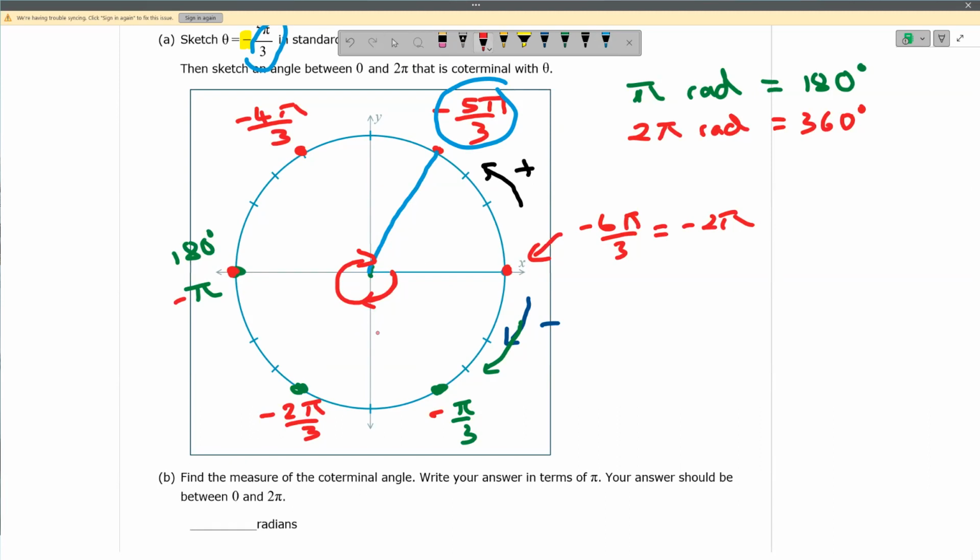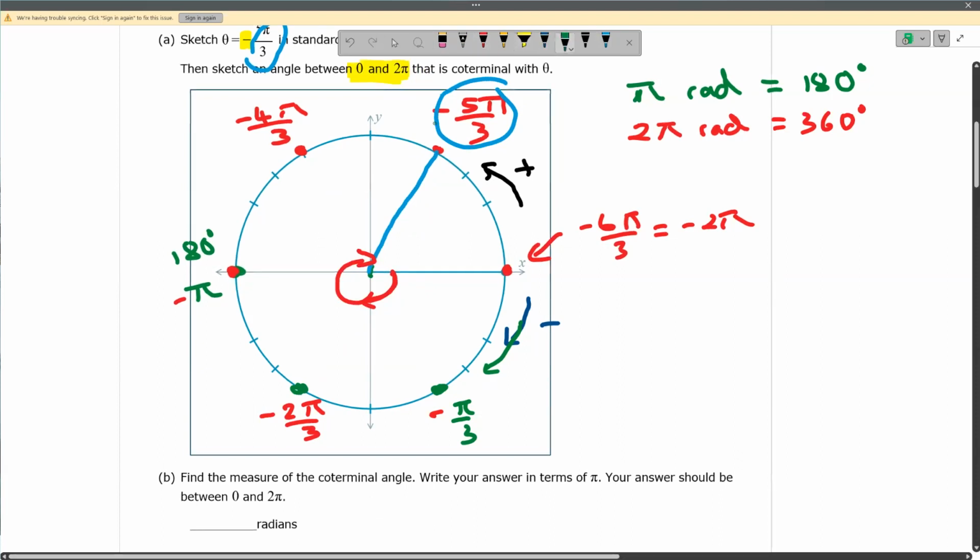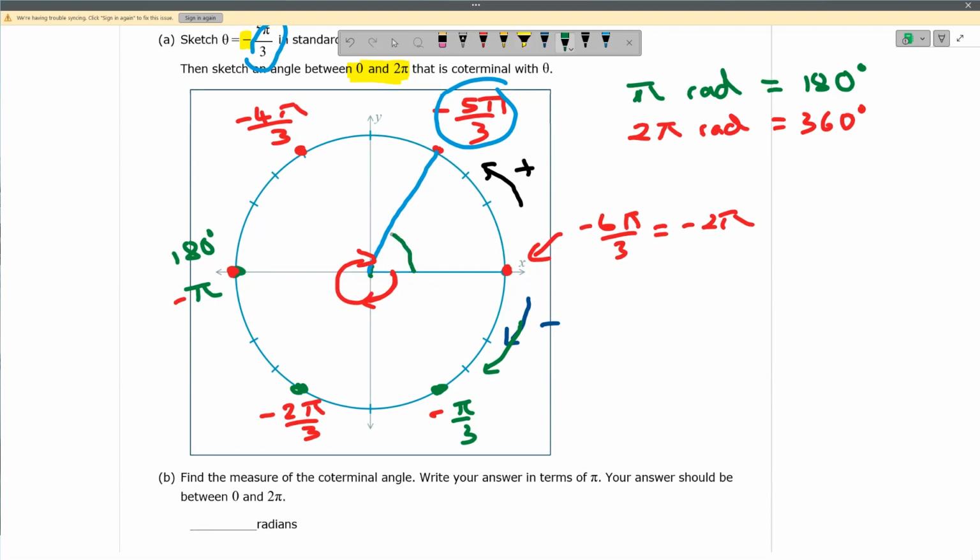Coterminal angles are angles that end up with the same terminal side. We are asked to find the angle between 0 and 2 pi, so it has to be positive, which means we go counterclockwise. So the coterminal angle will be this angle right here. What is this measure? Don't forget that we already cut it into 3 pieces.